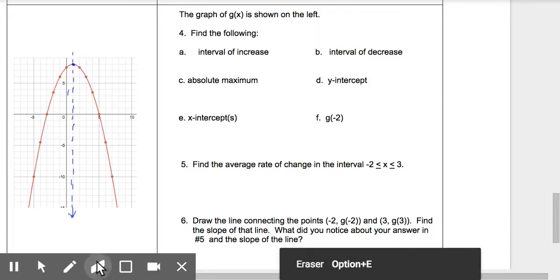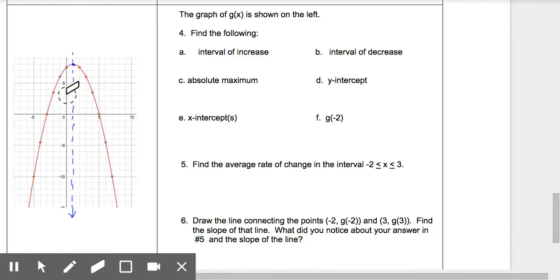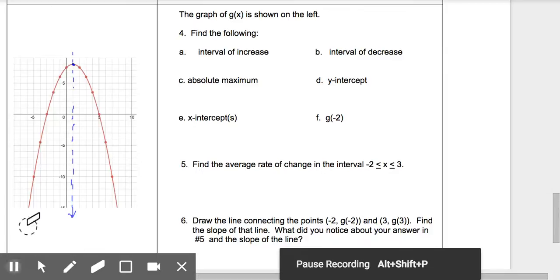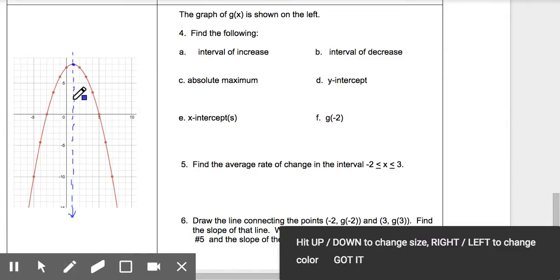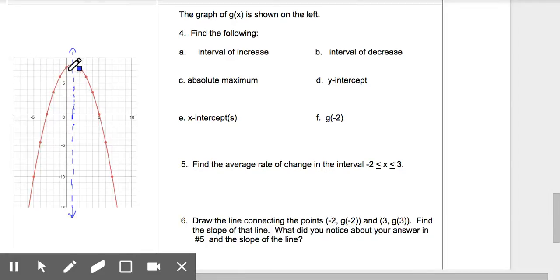This line crossed the x-axis right here at x equals 1. And we notice that the graph is increasing on the left side of this vertical line. So on this side of the vertical line, the graph is increasing.